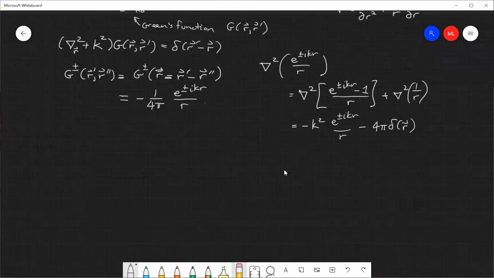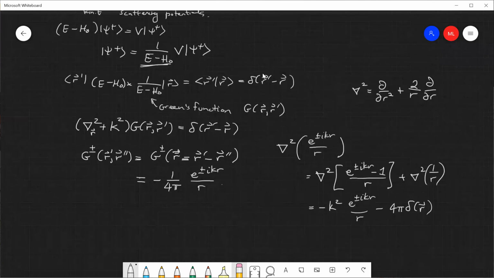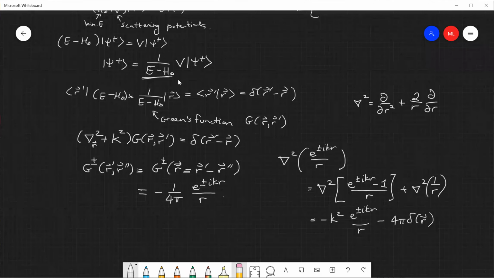Next, what we want to do is look at what happens. We can go back to this equation and start thinking about it in terms of this Green's function.